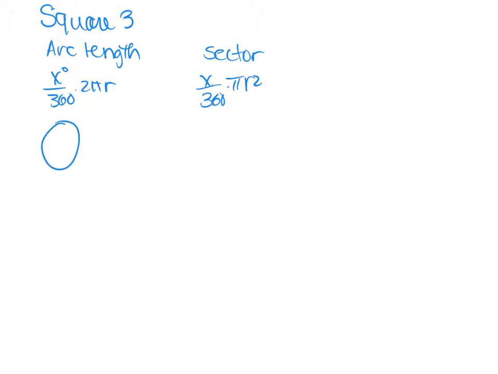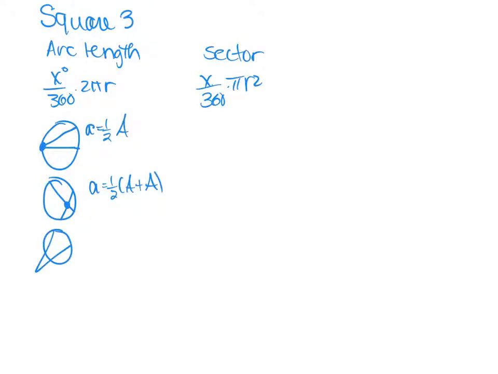If you have a circle and the angle is on the circle, the angle is equal to half the arc. If you have a circle and the angle is inside, the angle is equal to half arc plus arc. If you have a circle and it's on the outside, the angle is equal to half big arc minus small arc. So those are your formulas with degrees.